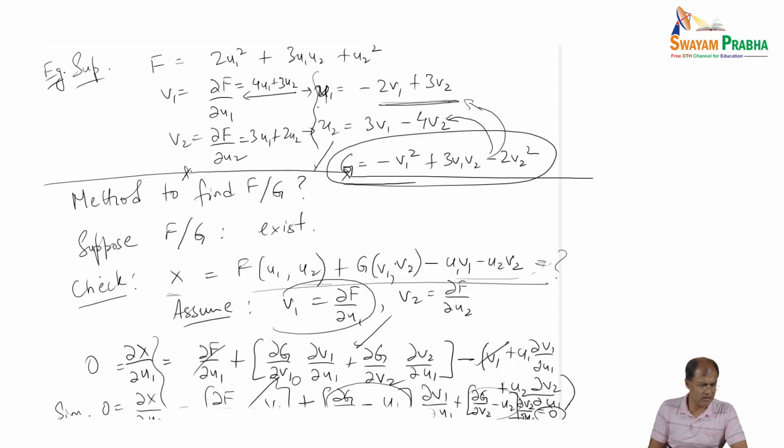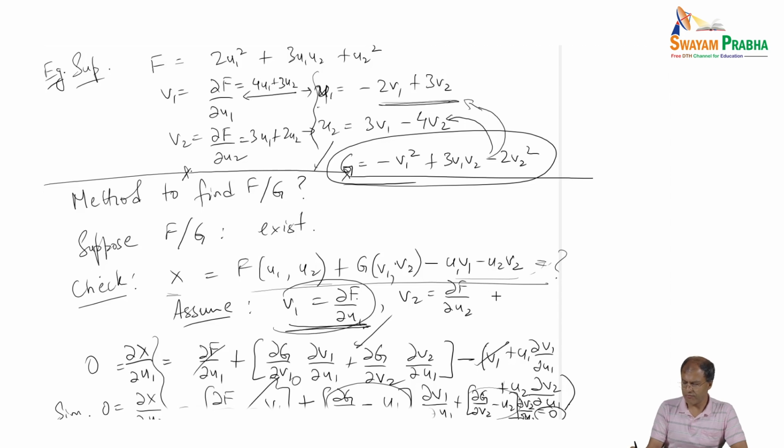And what we see from here is that v1 was a function of u1 itself, and f, of course, is also a function of u1 and u2.